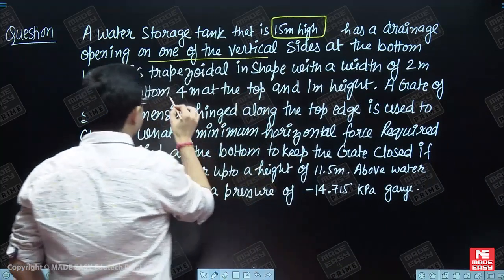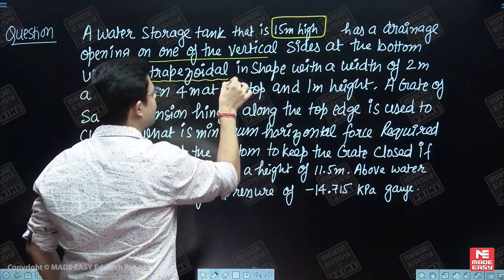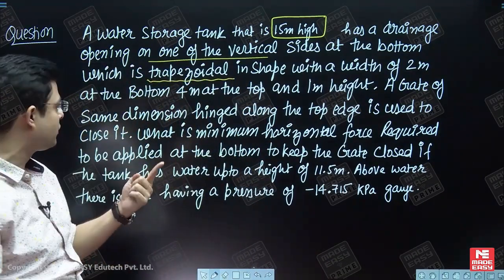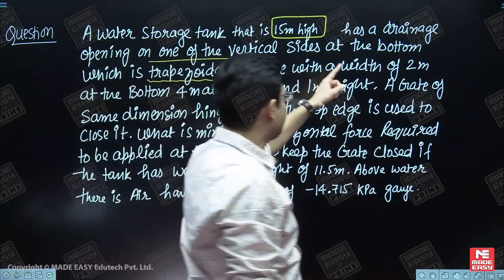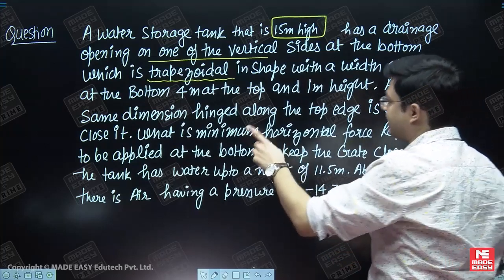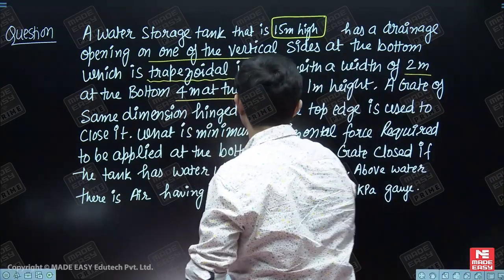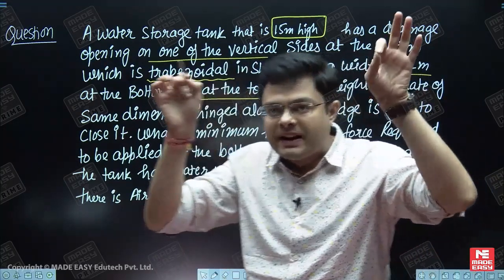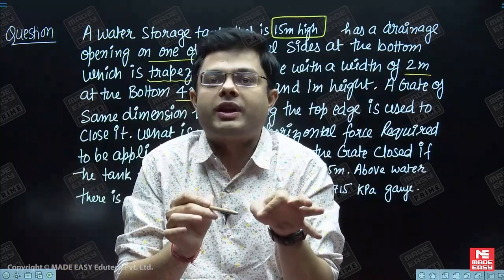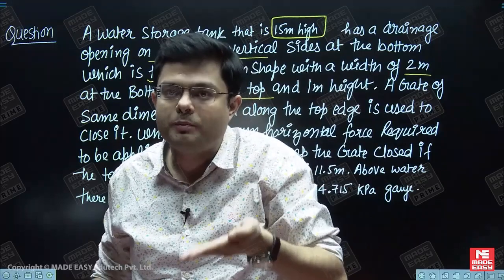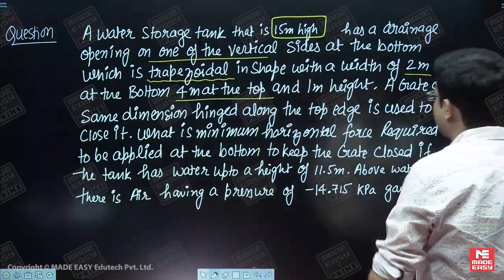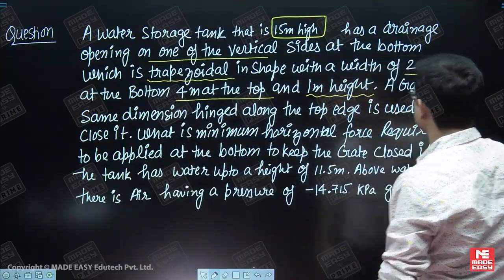The opening is having a shape of a trapezoid, and that is very, very important to note down, with a width of 2 meter at the bottom and 4 meter at the top. So for that trapezoidal shape, the top width is 4 meter, the bottom width is 2 meter. And the height of the trapezoidal gate is 1 meter.